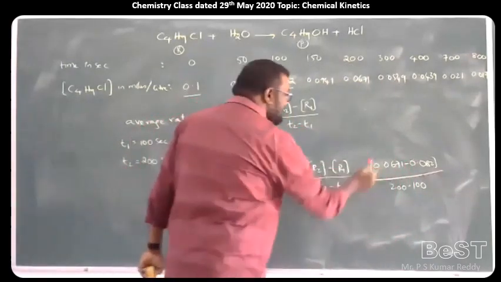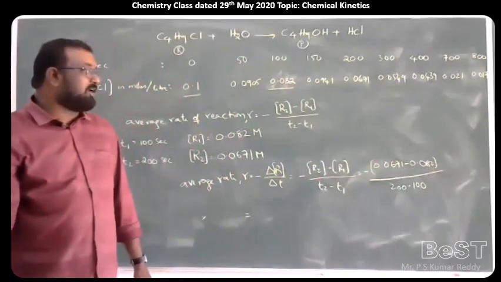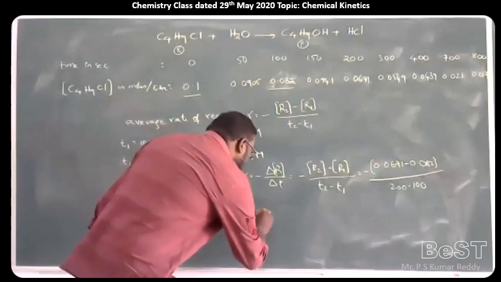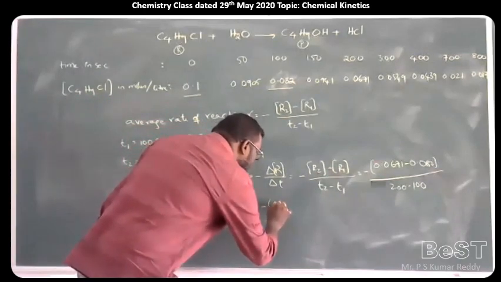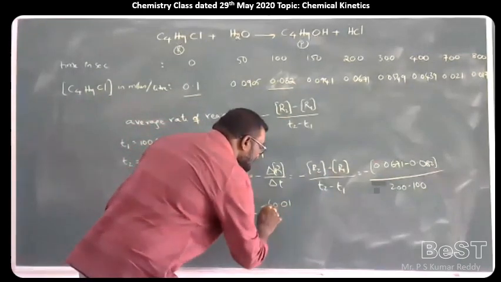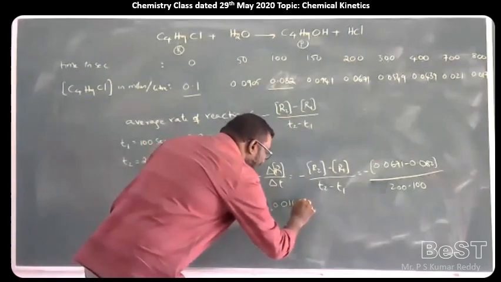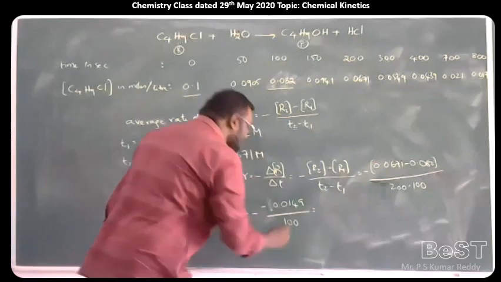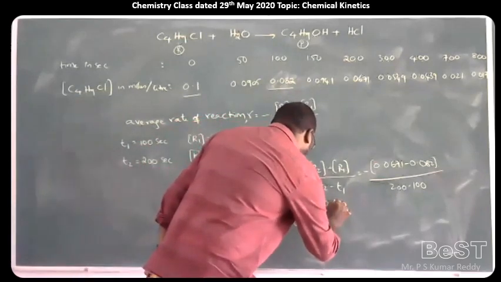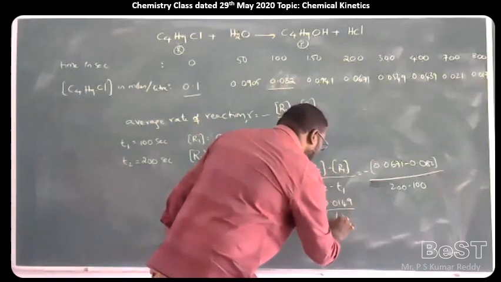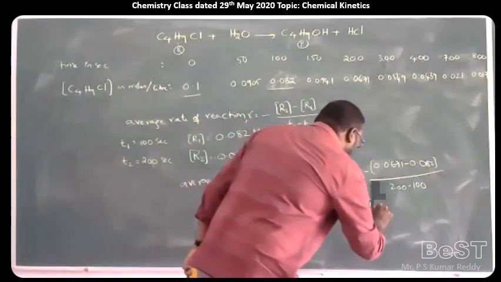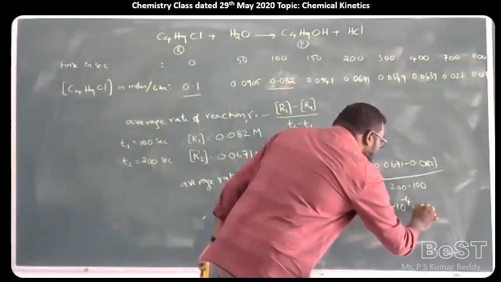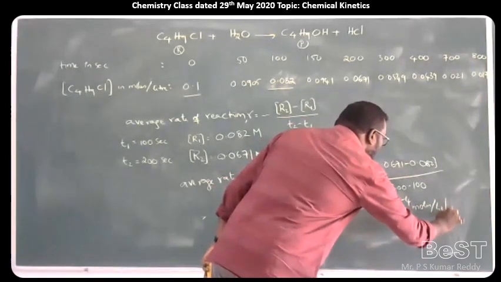What is this value, ma? 0.0671 minus 0.082 is minus 0.0149. So 0.0149 by 100 is equal to 1.49 into 10 to the power of minus 4 moles per liter per second.